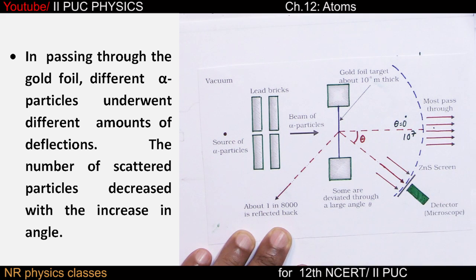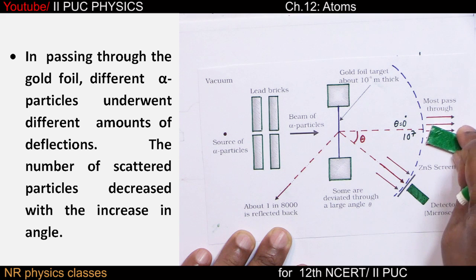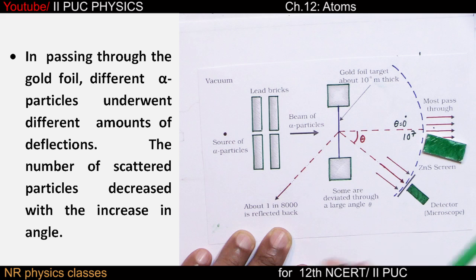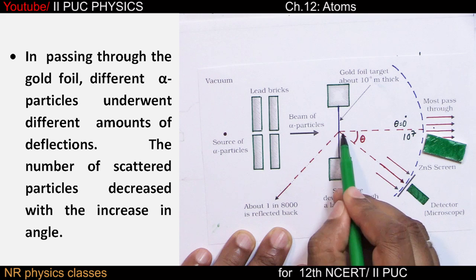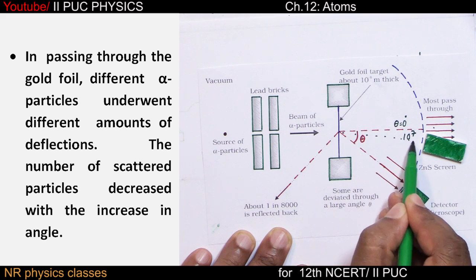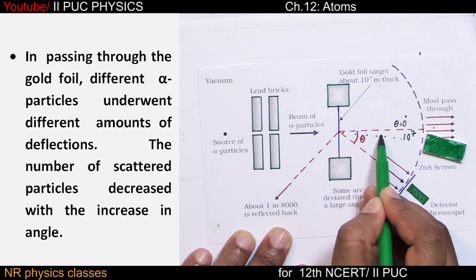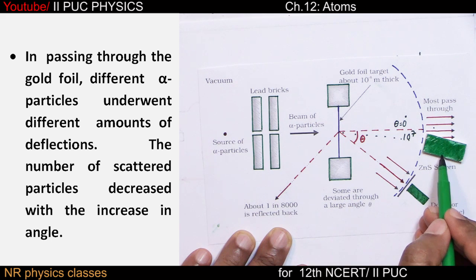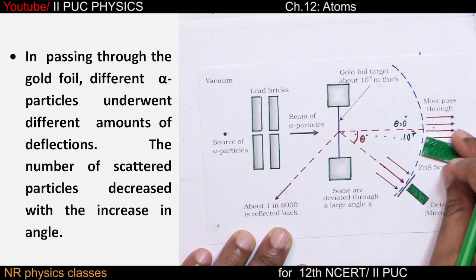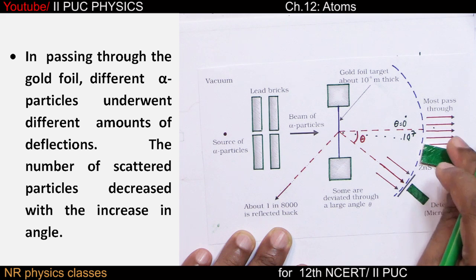Now, detector position is changed. So, at an angle 10 degree, number of particles are counted. At an angle 20 degree, again number of particles are counted.